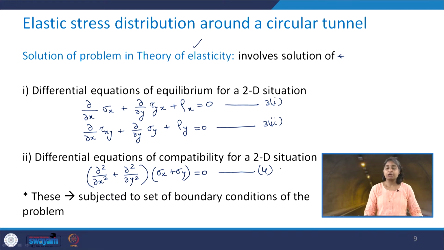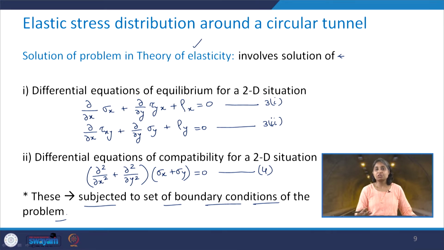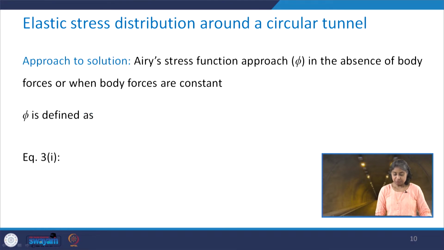Now, these equations, when subjected to the set of boundary conditions of the problem which we discussed just now, give rise to the solution of this elastic stress distribution problem around the circular tunnel, and hence we will be able to obtain the stresses and then the displacements.